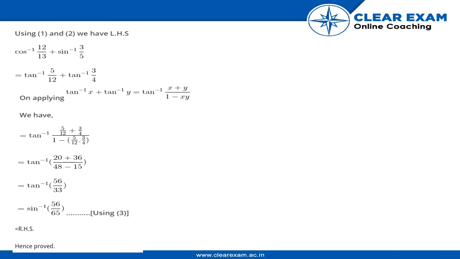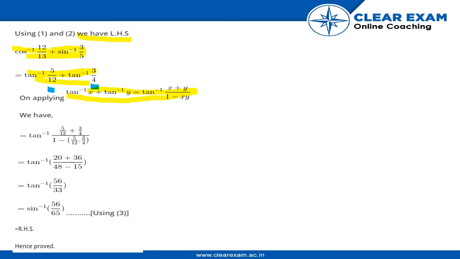What is our next step? We take the left hand side. We replace both the cos inverse and sin inverse terms by their corresponding tan inverse terms, and then apply the formula tan inverse x plus tan inverse y is equal to tan inverse of x plus y upon 1 minus x into y. So we have our x as 5 by 12 and our y as 3 by 4.